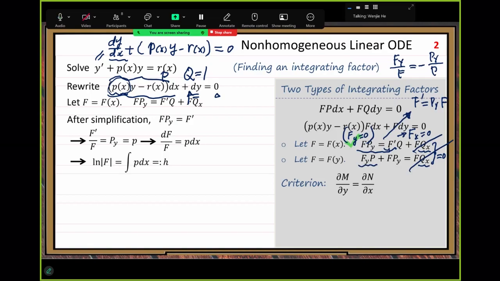So you take the positive version and remove the absolute value. You only take the positive version, e to the h. You do not consider the negative version. There is a negative version, but you want a simpler, positive version. So this is your integrating factor f. So we complete this step.